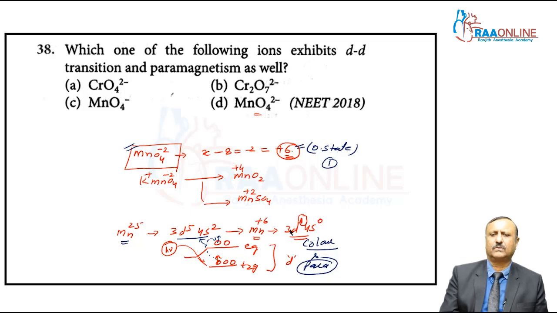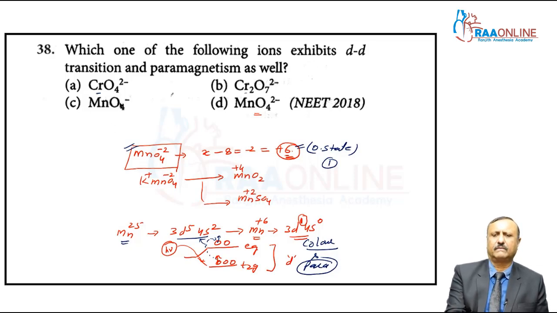If electrons remain in the d orbitals, then d-d transition takes place. If unpaired electrons are present, it means paramagnetism, and when all electrons are paired, it is diamagnetism. So here you can see chromium, where all electrons are present in paired form.